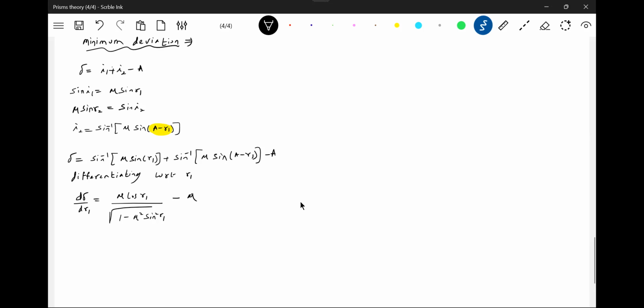So what we write is dx by root of 1 minus x square. Then again the derivative of sine R1 will be cos R1. So we get mu cos of A minus R1 by root of mu square sine square A minus R1.